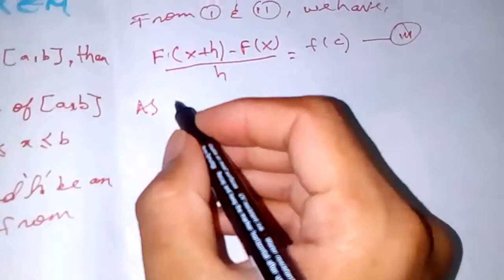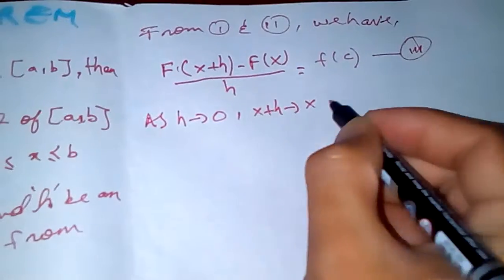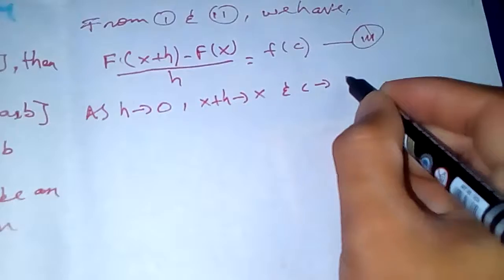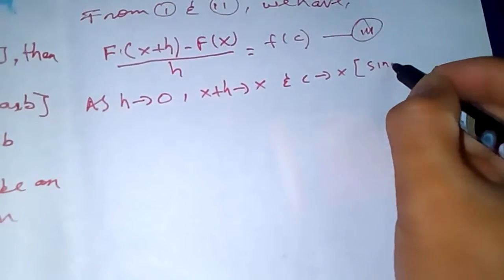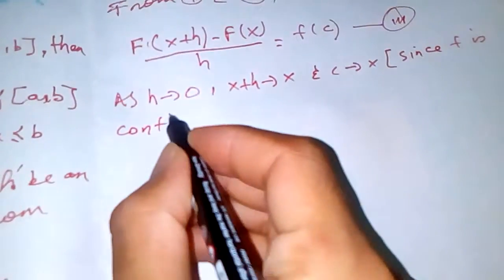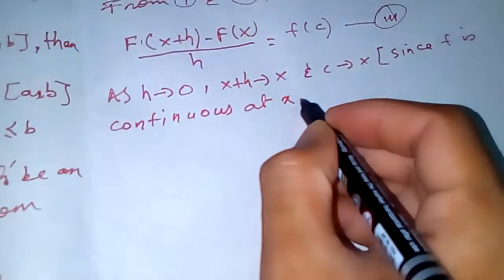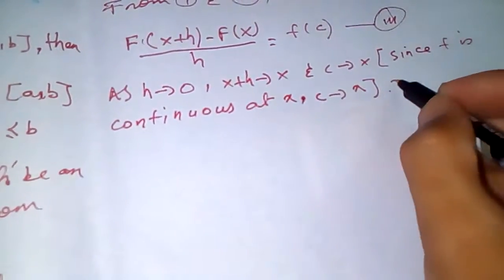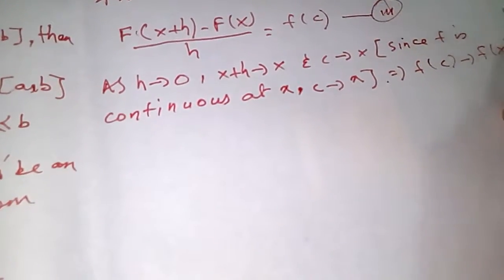When h tends to 0, x plus h tends to x, and c tends to x, since f is continuous at x, so c will tend to x, which implies that f of c will tend to f of x.